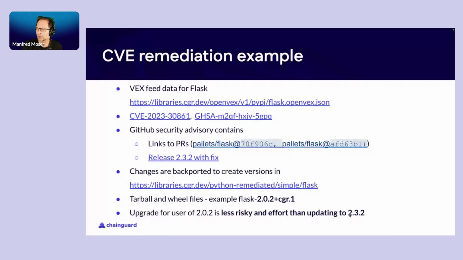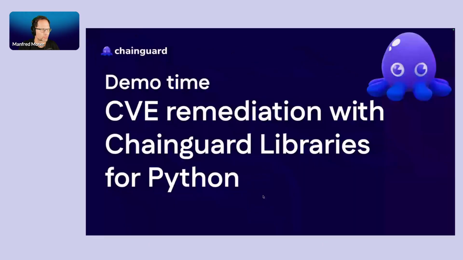So from 2.0.2 to 2.3.2, there's probably a whole bunch of changes in there that might or might not break your application. So if all you want to do is fix that CVE, then this is a much easier, simpler approach to take care of.